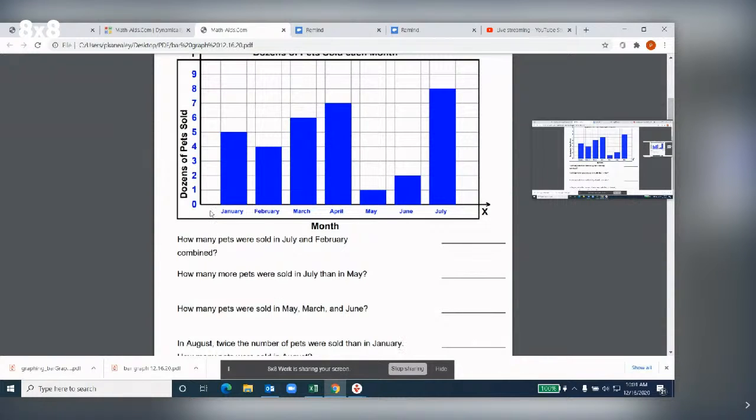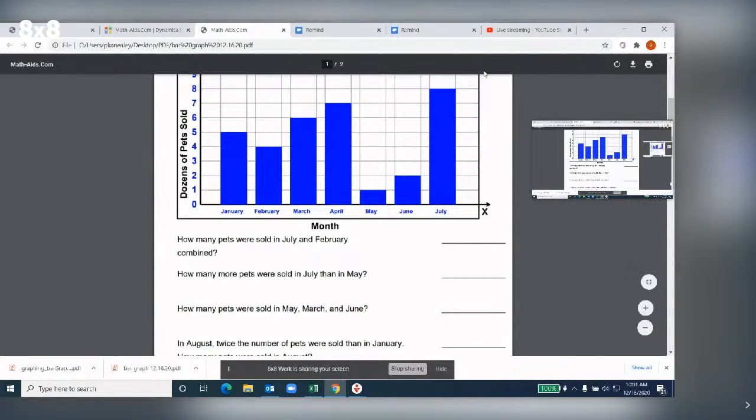If we look at January, there were 5 dozen. Twice 5, 2 times 5, is going to be 10. And then 10 times 12 would be 120. So if we had the bar graph over here, it would be up in the 10. So it's going to be 120.